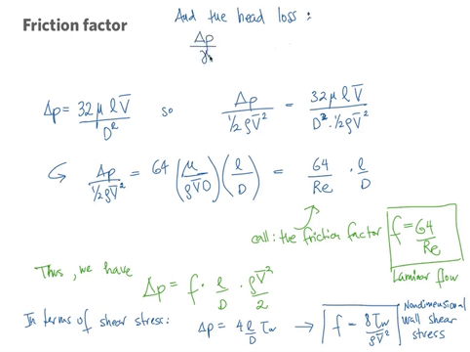So delta P over gamma is F L over D times v squared over 2g. That's the head loss in terms of the friction factor. Yes? Is that still the average velocity? Yes, it's the average velocity everywhere.